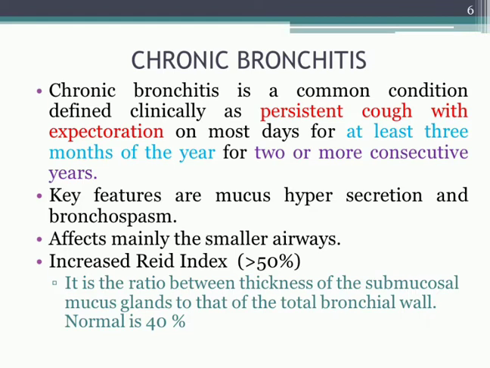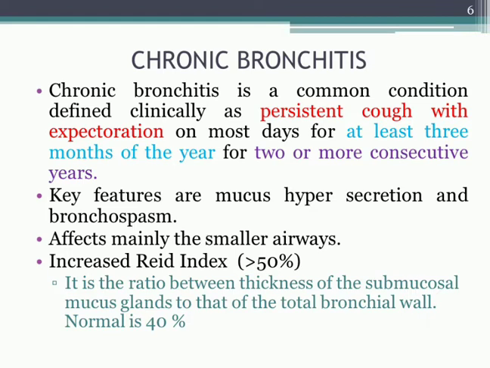The key features are mucus hypersecretion and bronchospasm. So when you think of chronic bronchitis, you should remember there is mucus hypersecretion. There is overproduction of mucus and cough. Okay, so cough and mucus. We all know that mucus is good for us, right? But too much of a good thing is bad.